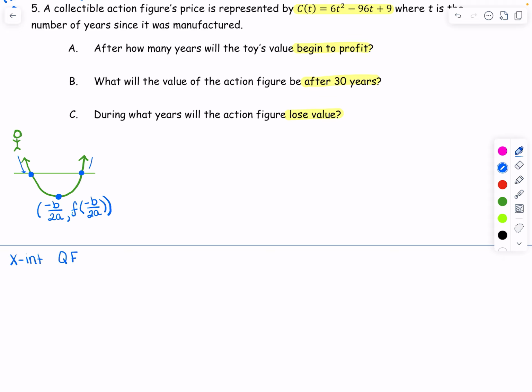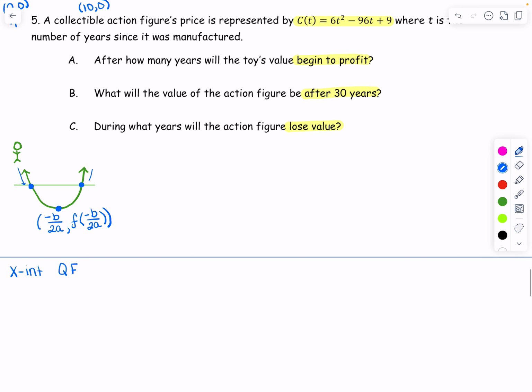All right, so let's go ahead and walk through this one and get started on finding the vertex. For the vertex, I have x equals negative b over 2a. Our b value is negative 96. Our a value is 6. So this gives us 8.